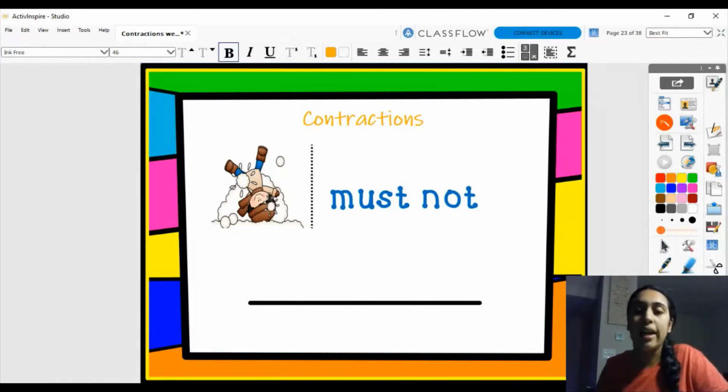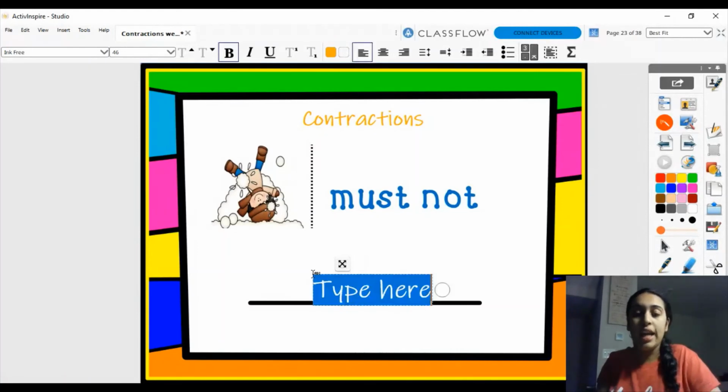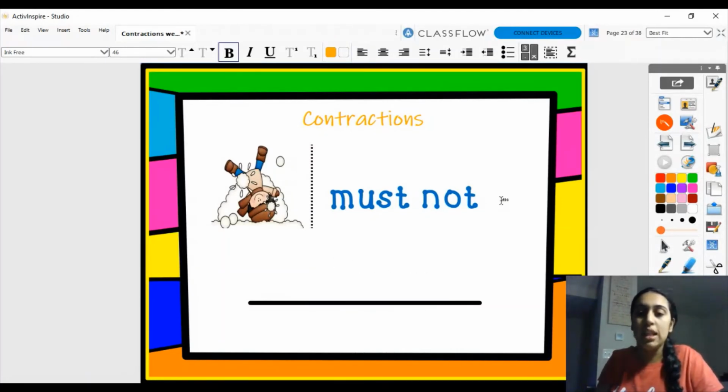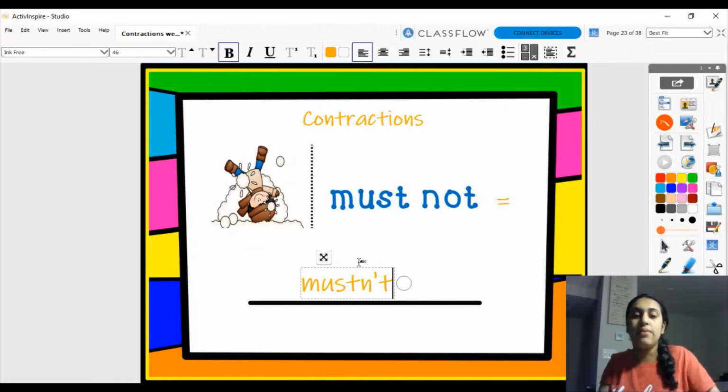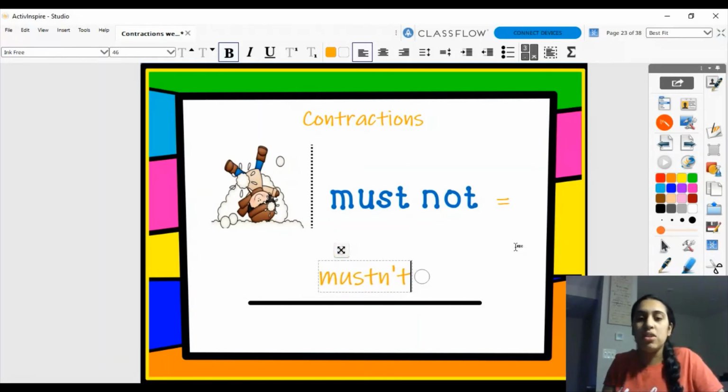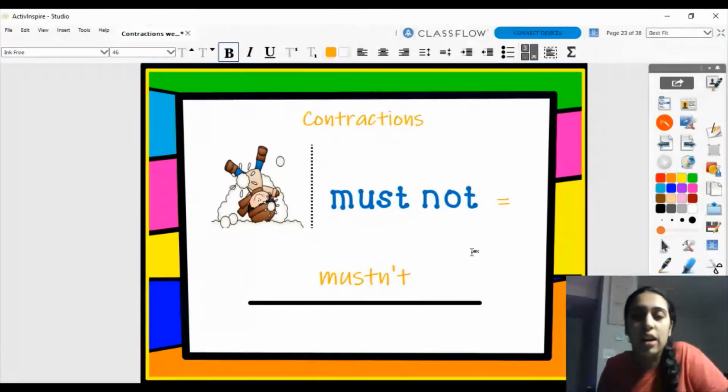So must not. We're going to go ahead and keep the verb how it is. So let's go ahead and write must not down, write our equal sign, then go ahead and write must. And if we're following that rule, we're going to go ahead and attach the N, take away the O, add the apostrophe, then the T. And look, boys and girls, doesn't the word look kind of strange?